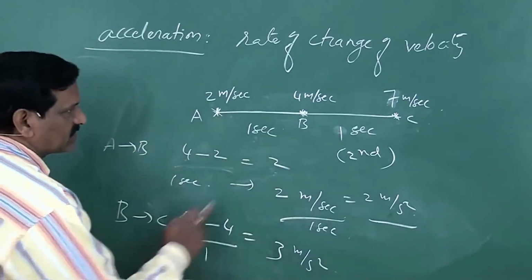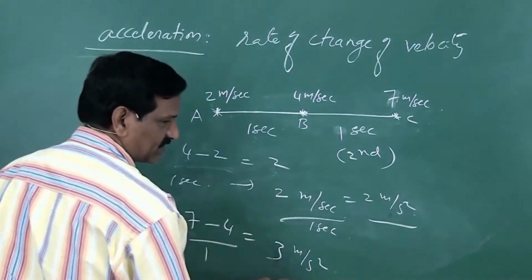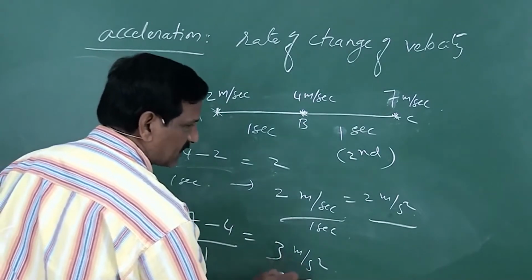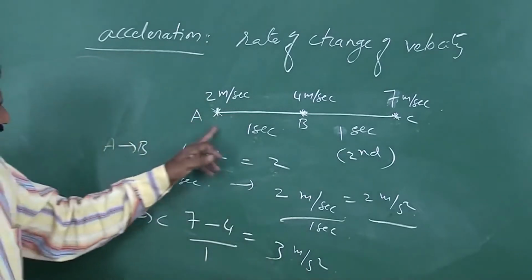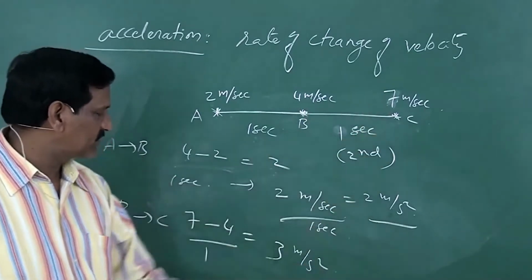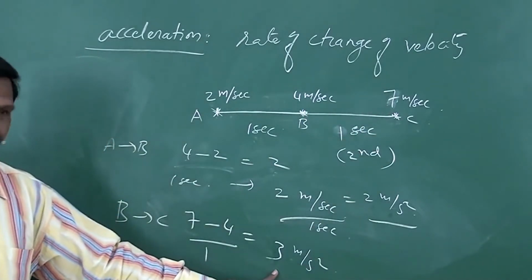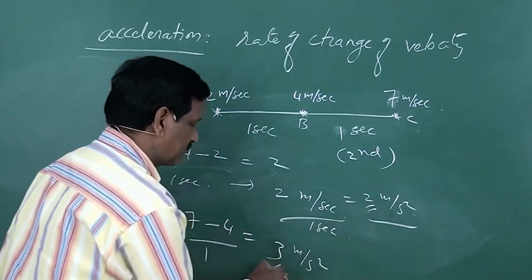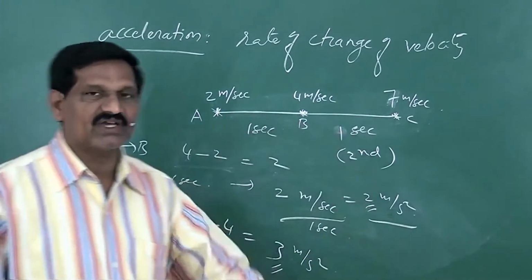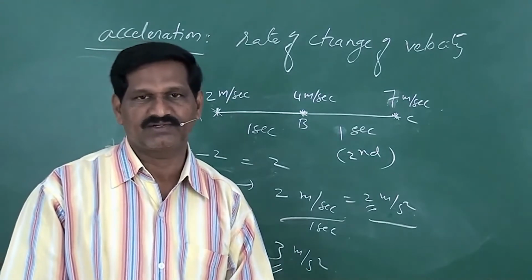So change of velocity in the second is 3 meter per second square, that means acceleration is 3 meter per second square. So here between A and B, acceleration is 2 meter per second square. Between B and C, acceleration is 3 meter per second square. So acceleration changes. Hence, this type of acceleration is called non-uniform acceleration.